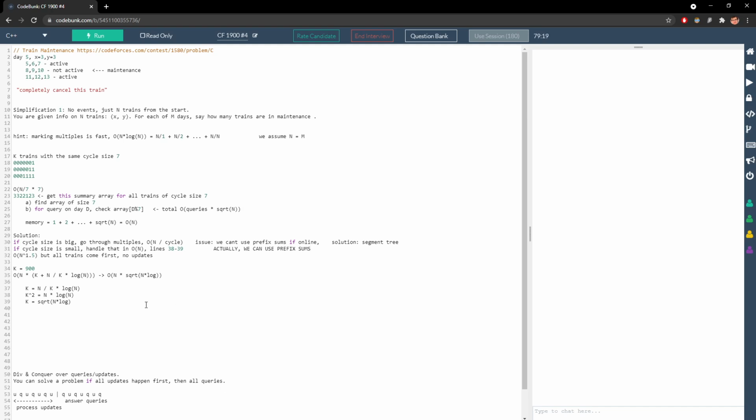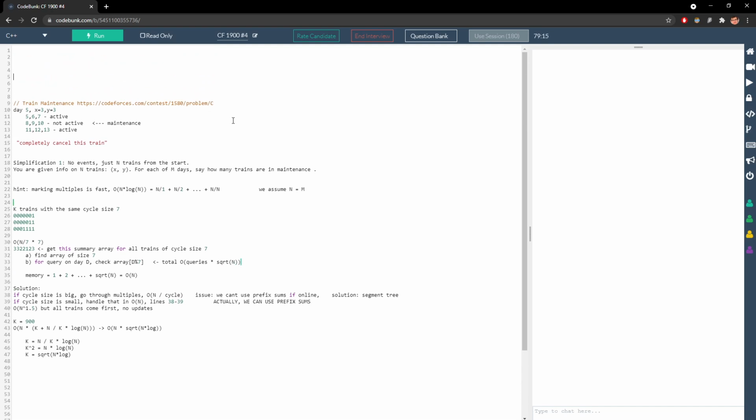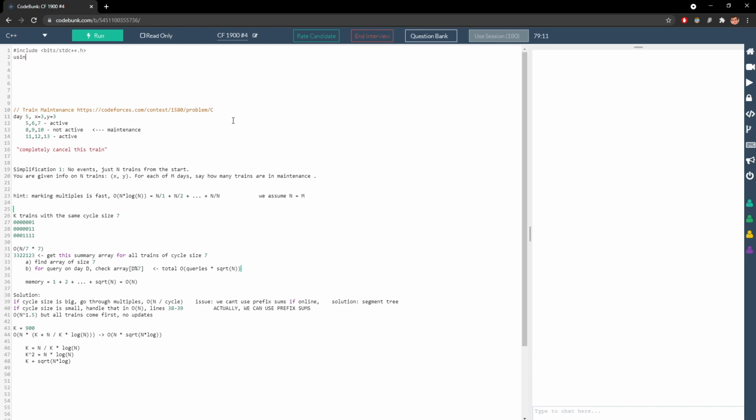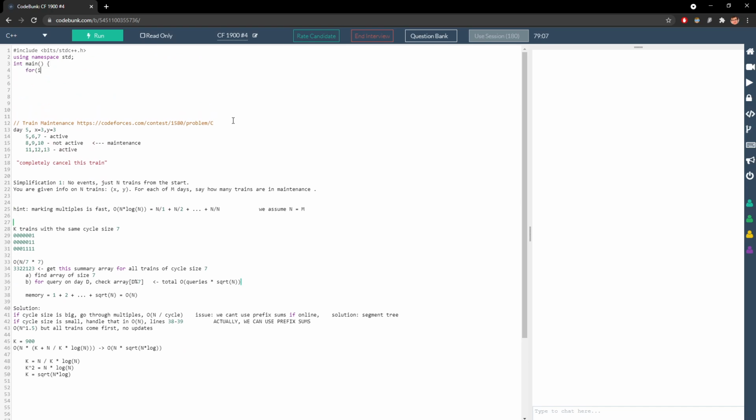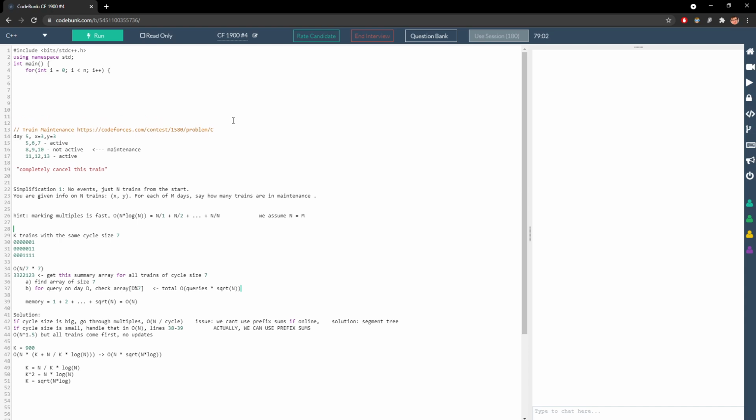To see what it does, let's go to the top of the code, and I will show you what I'm talking about. Let's say that for every day we have some values li, ri, and I want to add +1 to this interval.